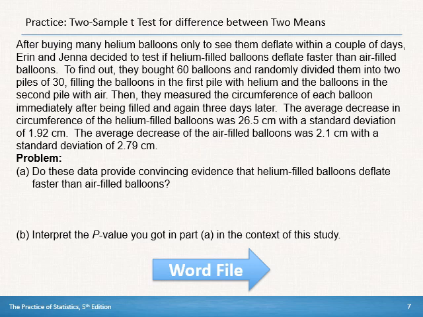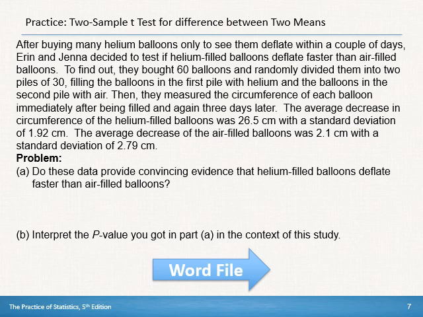They also give us the standard deviation, 1.92. Those are both statistics from the helium group. And then the average decrease of the air-filled balloons was 2.1 centimeters with a standard deviation of 2.79 centimeters. Again, those are the statistics for the air-filled treatment group.